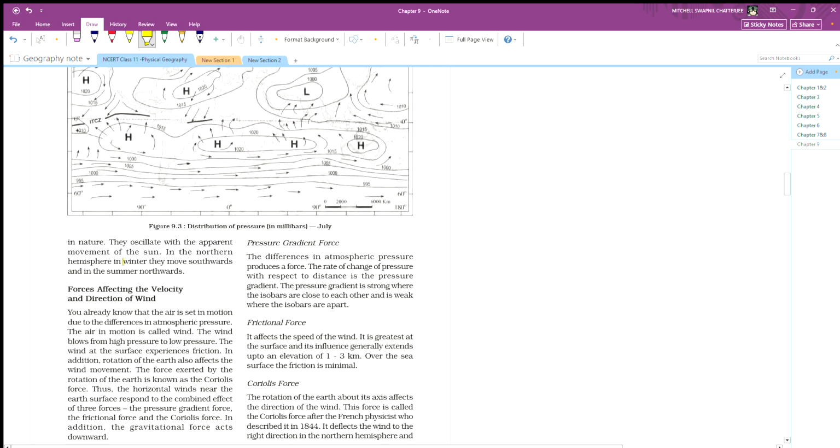So basically in winter, the movement is from northern to southern, and in summer from the southern hemisphere to the northern hemisphere.